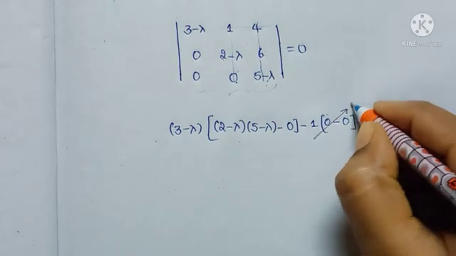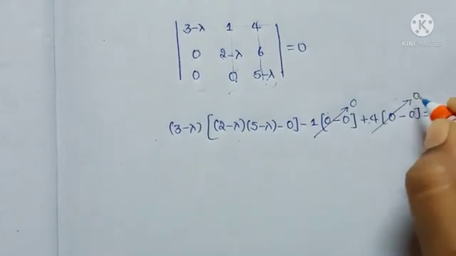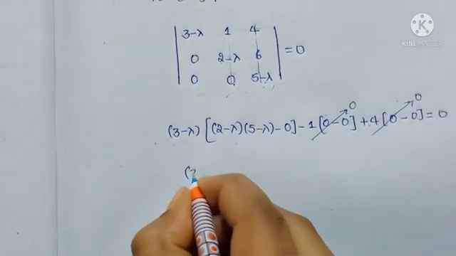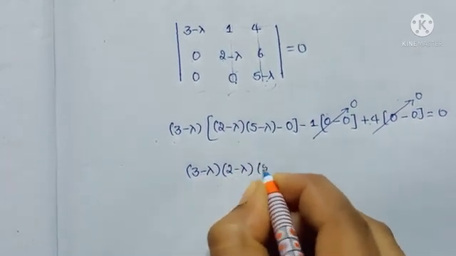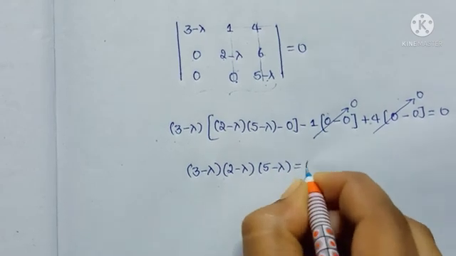Directly here we get 0, and this is also 0. If you see here, 3 minus lambda into 2 minus lambda into 5 minus lambda is equal to 0.